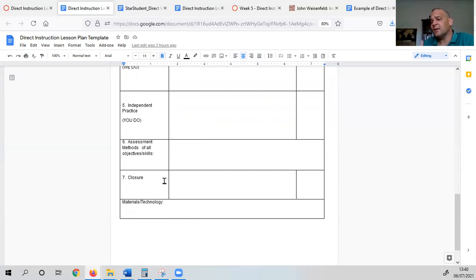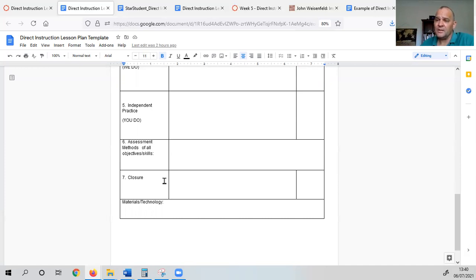So one of the things I'll encourage you to do as part of the closure is not just have a time where you say, hey, let's talk about what you learned, but to actually have students write this down, or if they're younger elementary kids, they might draw a picture for you using an exit ticket.